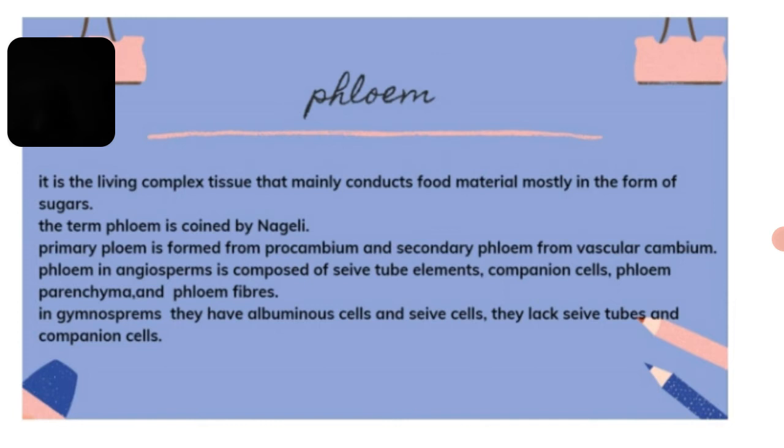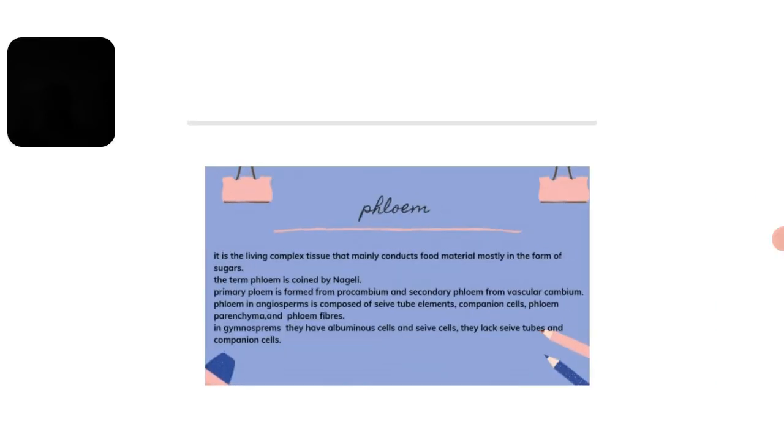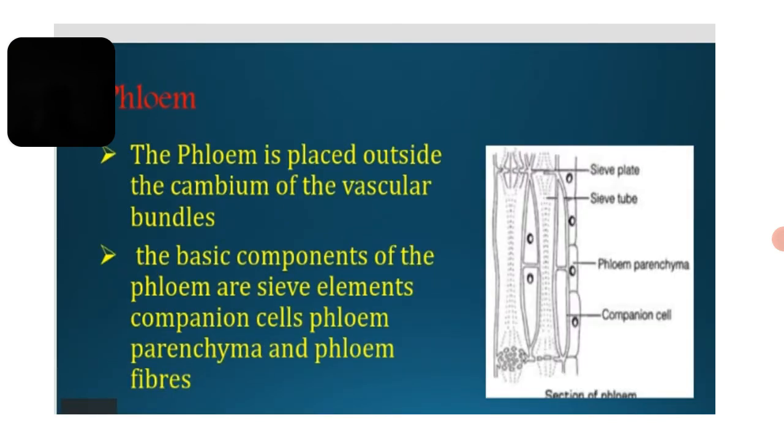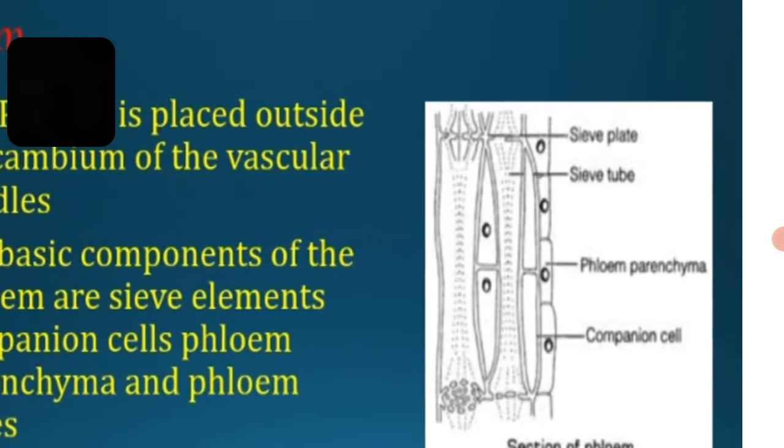Okay. So first we shall discuss sieve tubes, companion cells, phloem fibers and phloem parenchyma. Mostly they are seen in angiosperms.